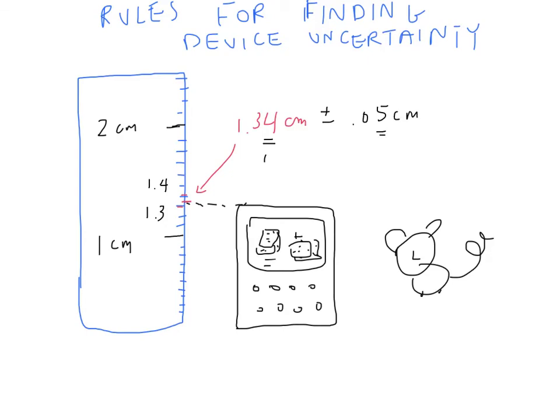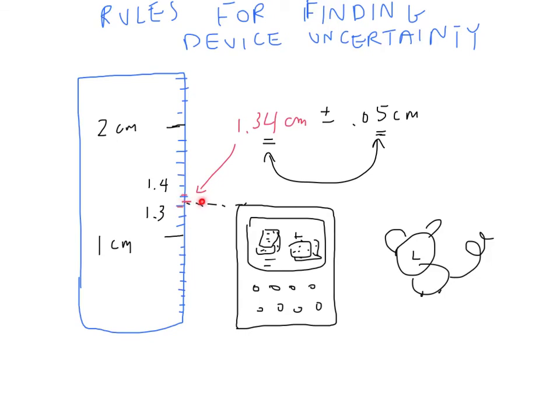And the reason that we add plus or minus 5 is because we say, well, we're really good at figuring out if we are at the 1.3, right? I'm going to be able to tell if it's right at 1.3 or 1.4.